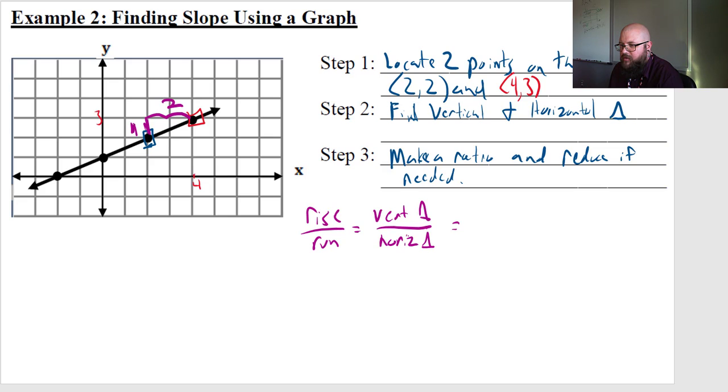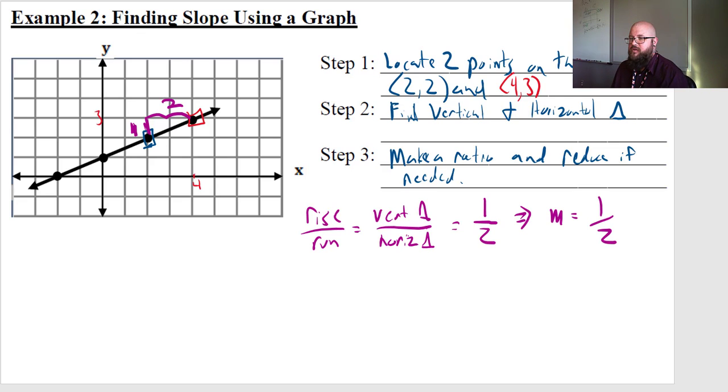So our vertical was 1 positive. We went up 1, so we changed 1. Then we go over to the right, the positive direction, 2. So 1 over 2. So therefore, that simply means our slope is 1/2. Okay?